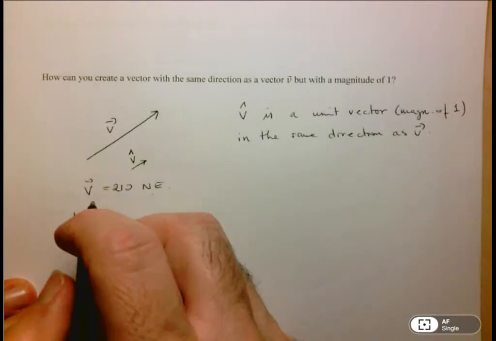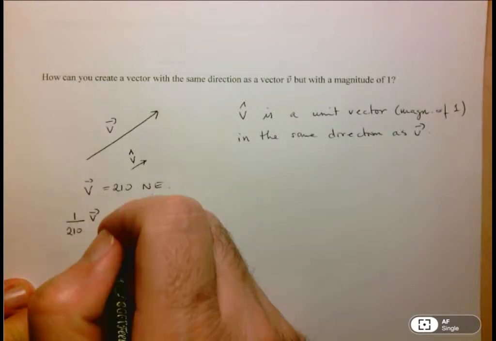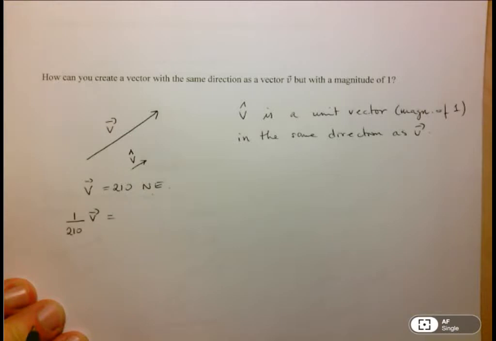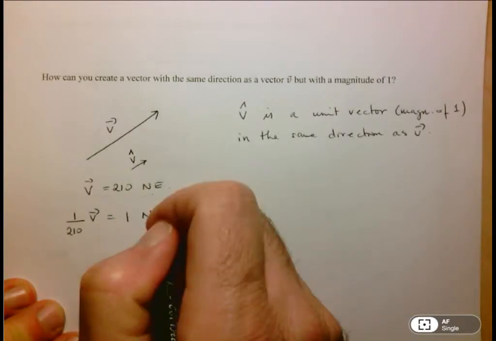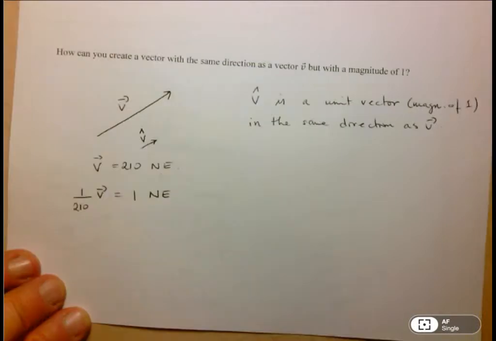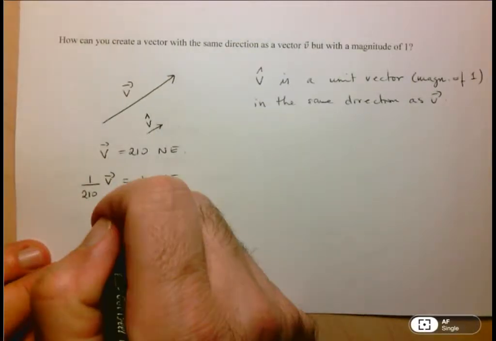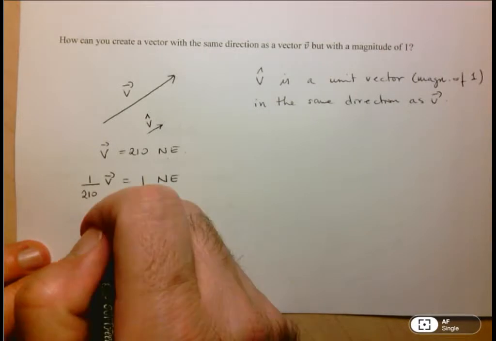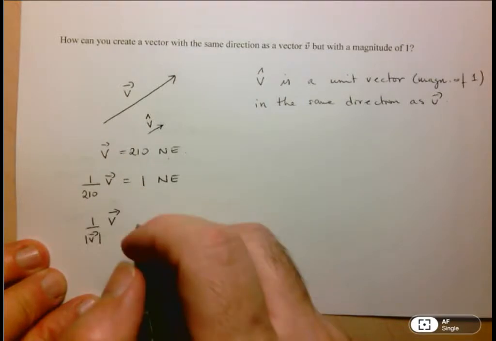So if I do 1 over 210 times the vector v, what am I going to end up with? I'm just going to end up with a vector that has a magnitude of 1, but still in the direction northeast. Okay? So the vector given by v times 1 over magnitude of v will always be a unit vector.